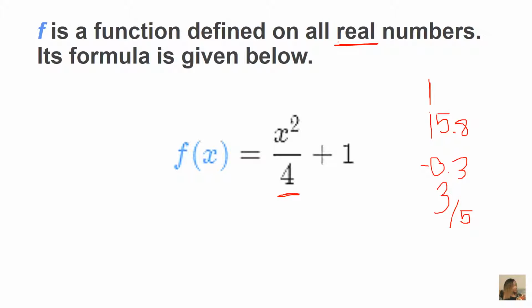So basically, numbers that are positive, negative, large or small, whole numbers, or decimal numbers, these are all real. The only thing that real numbers don't include is anything that includes i, which is defined as the square root of -1. This would be imaginary, therefore it's not real. Okay?